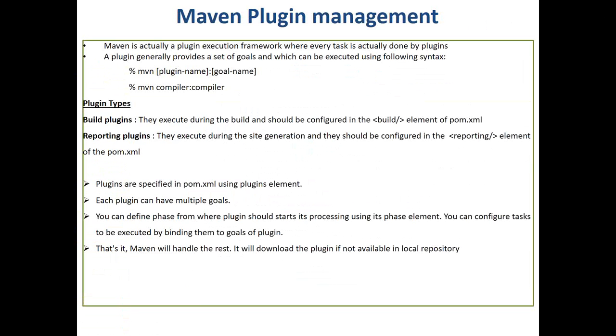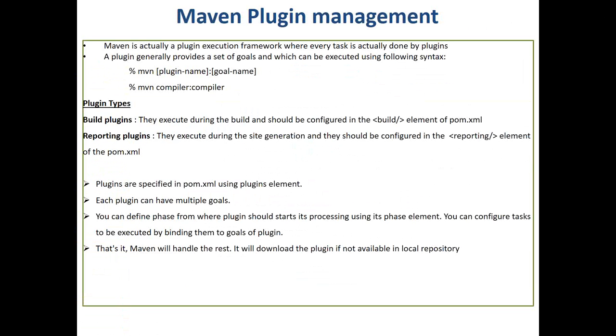So the compile step, test step, or the package, install, deploy, clean, everything is going to be a part of build plugin only. Okay. The only difference is any plugin that you're using to generate a report or create a report in terms of some documentation for your project, then those are considered as the other type, that is reporting plugin.